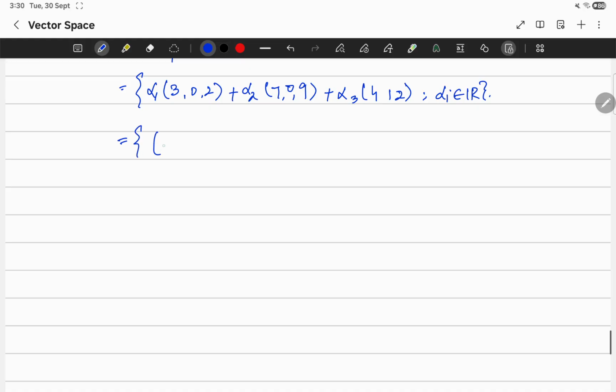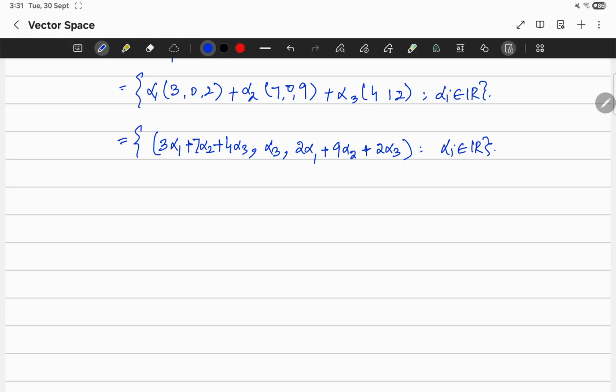You will get the vector 3 alpha 1 plus 7 alpha 2 plus 4 alpha 3, then alpha 3, then 2 alpha 1 plus 9 alpha 2 plus 2 alpha 3.